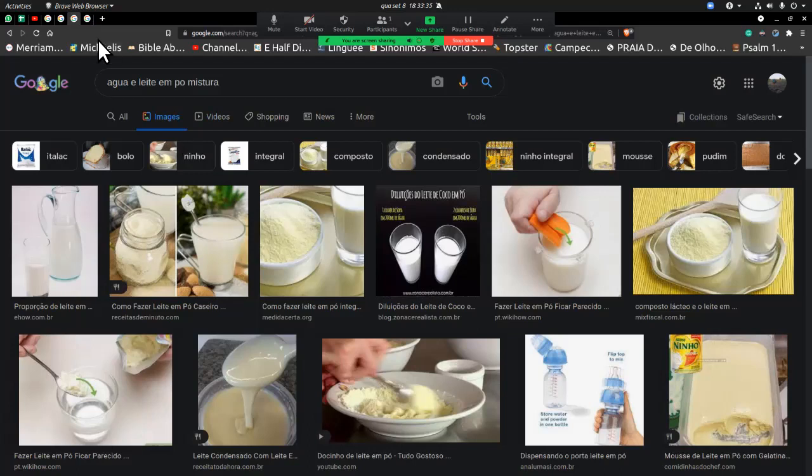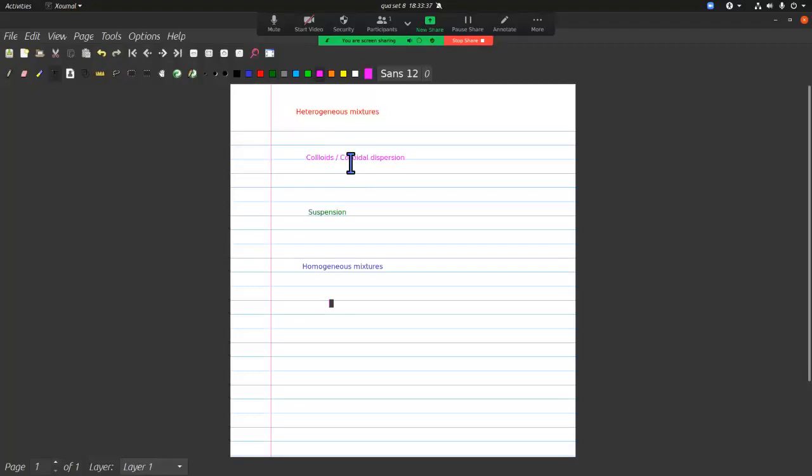Sorry. I have colloidal dispersion, which acts like a middleman. It's like a heterogeneous mixture, but it has an emulsifying agent, which is kind of the middleman.